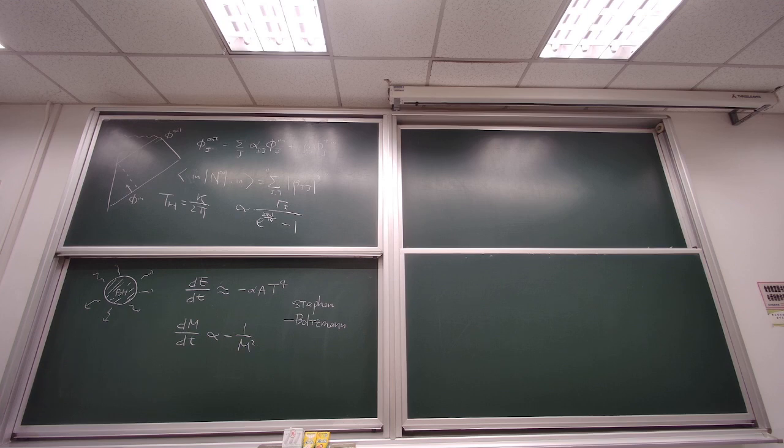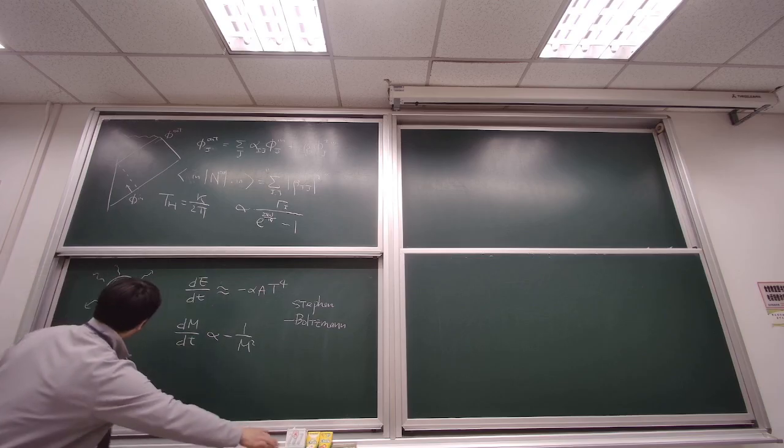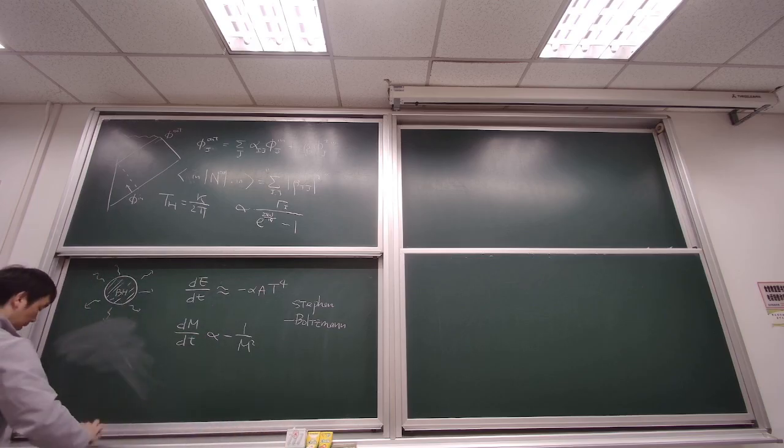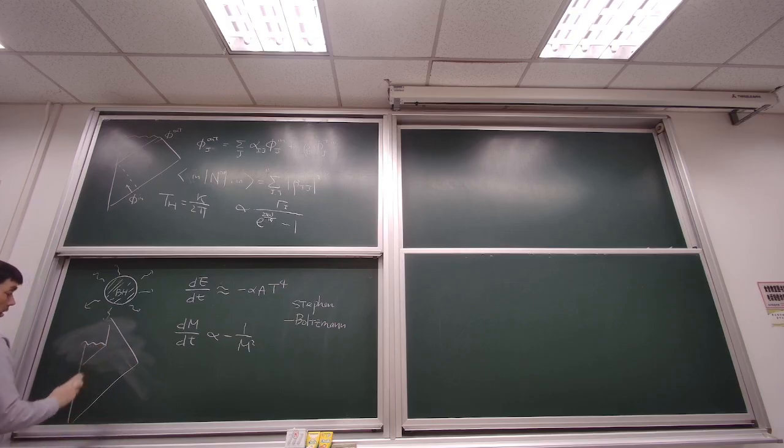So after some time the black hole will evaporate, and often people write down this kind of Penrose diagram for the black hole. The Penrose diagram is something like this: you have a singularity, but the Hawking radiation will take out the energy, so at some point there is Hawking radiation coming out this way.